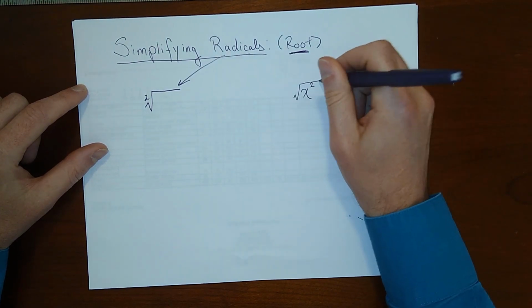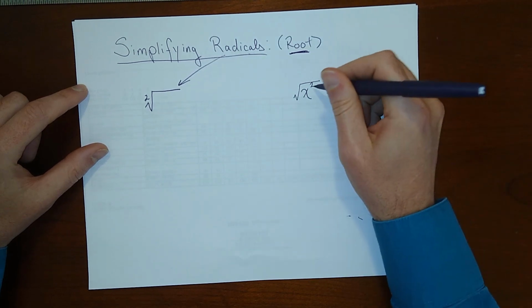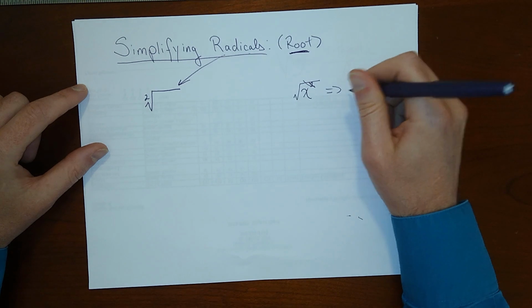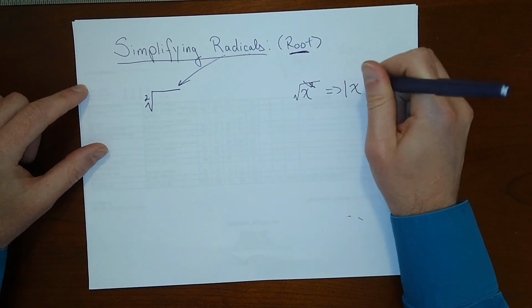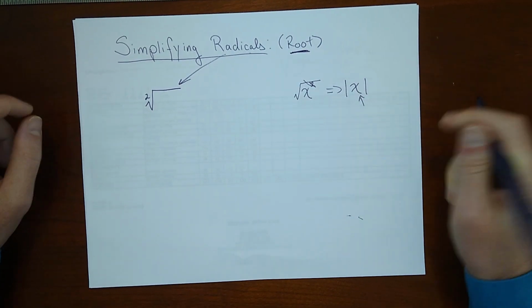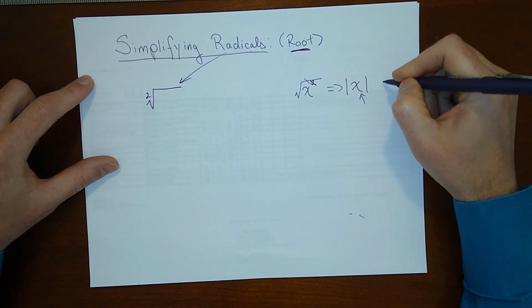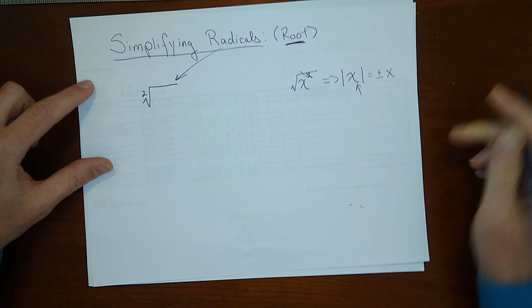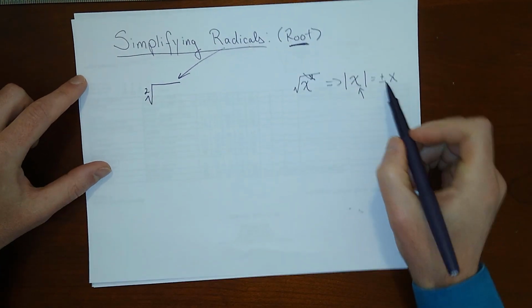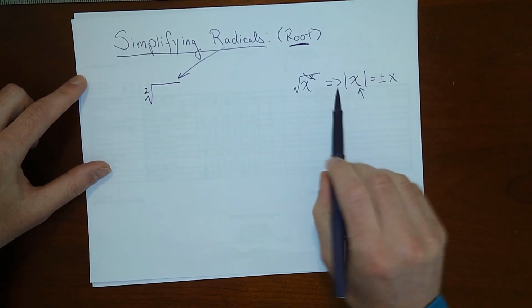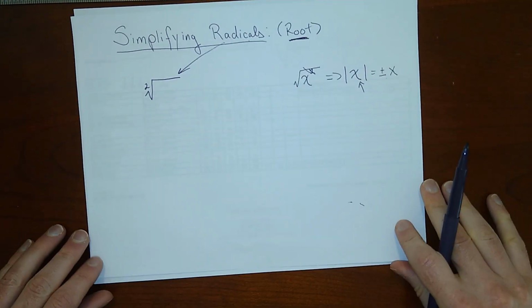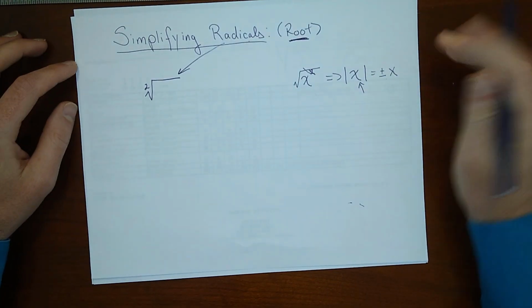So if I take the square root of something squared, that will cancel the squaring, it will undo the squaring, and we'll be back to the original value that we started with. Okay, so absolute value or plus or minus x. Again, remember, it could be either plus or minus, because if I square a negative, I get a positive result as well. So we have to use the absolute value in a case like this.